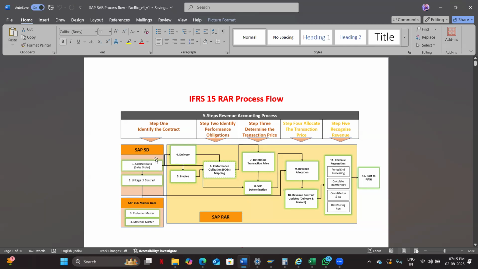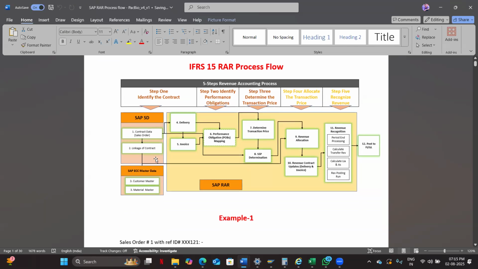So in the first step, we identify the contract. Contract creation in SAP is done in the SD module.